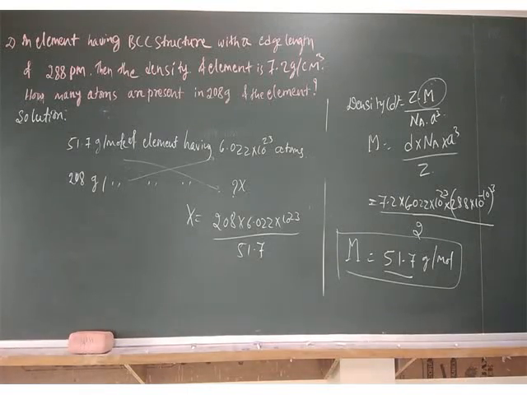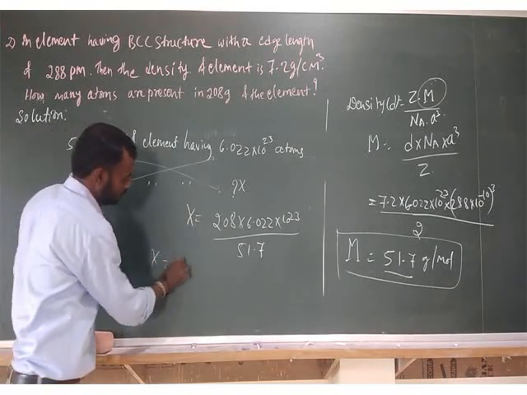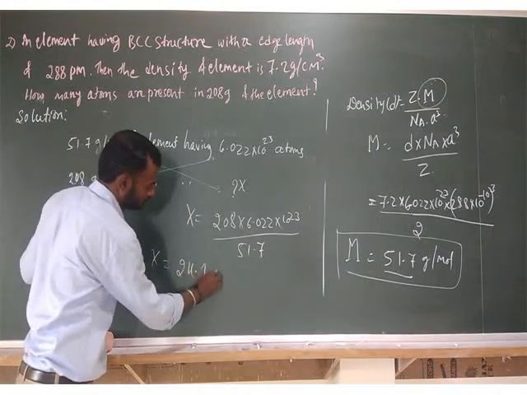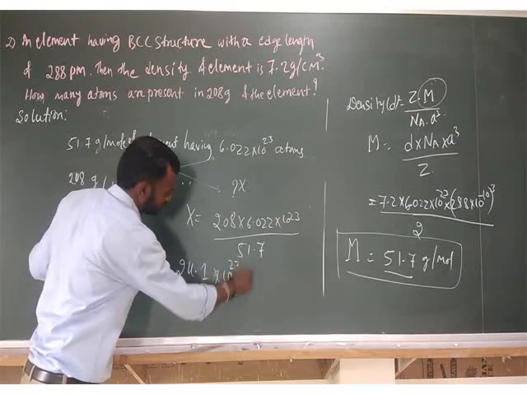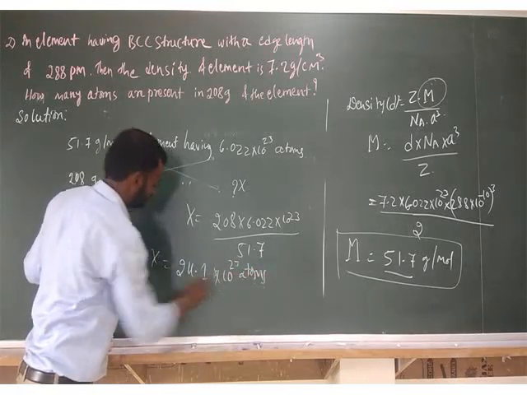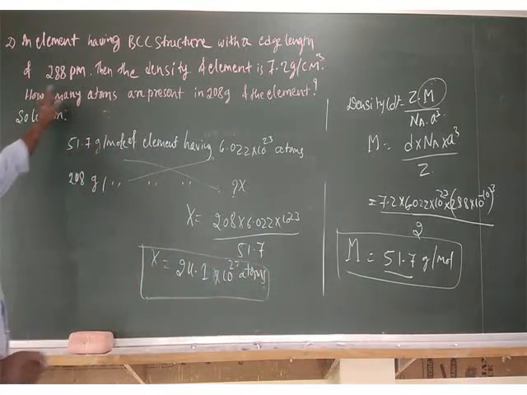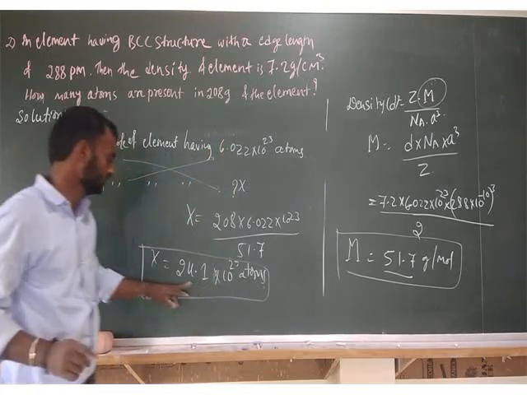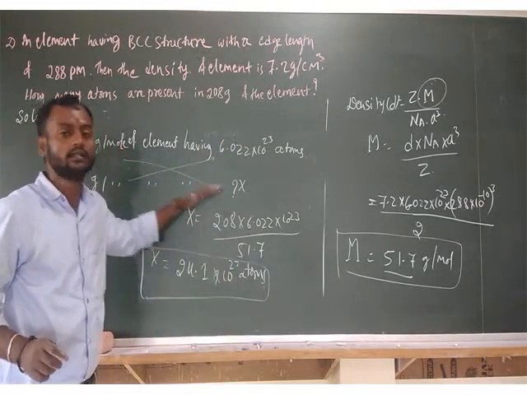Therefore, the number of atoms x is equal to 24.1 into 10 raised to 23 atoms. So 208 gram of element contains 24.1 into 10 raised to 23 atoms.